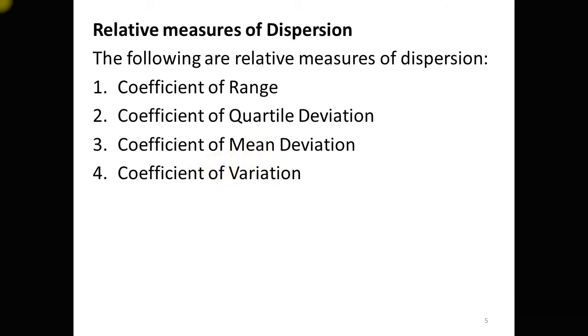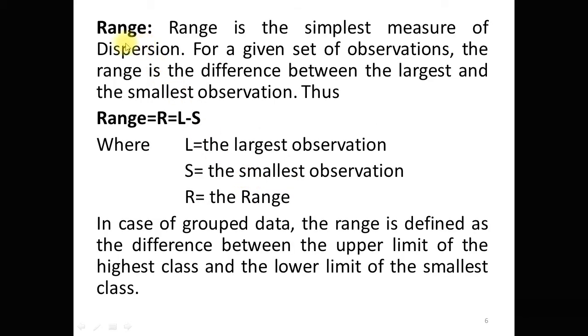So, dear students, in this first video lecture of Week 8, we will learn about the coefficient of range and coefficient of quartile deviation. In the second video lecture, we will learn about the coefficient of mean deviation and coefficient of variation. Now, what is range? Range is the simplest measure of dispersion.